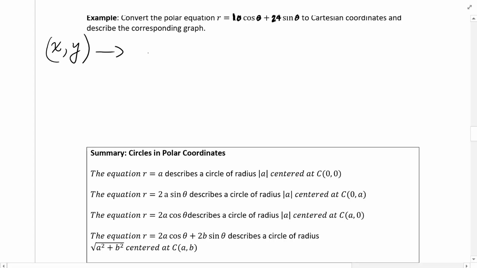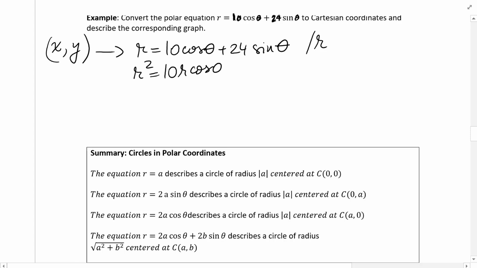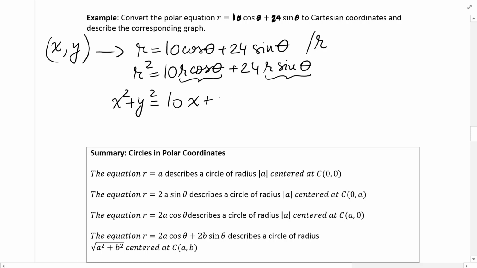If we start with the given equation and multiply both sides by r, we get r squared equals 10r cosine theta plus 24r sine theta. We know that r squared is x squared plus y squared, and we know that r cosine theta is x, and r sine theta is y. So we get x squared plus y squared equals 10x plus 24y.